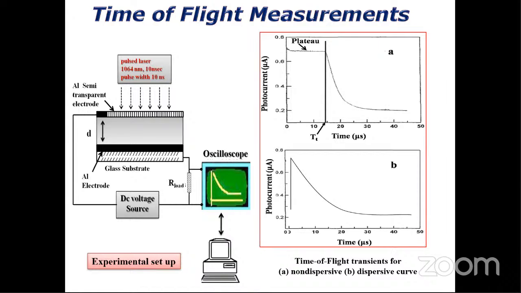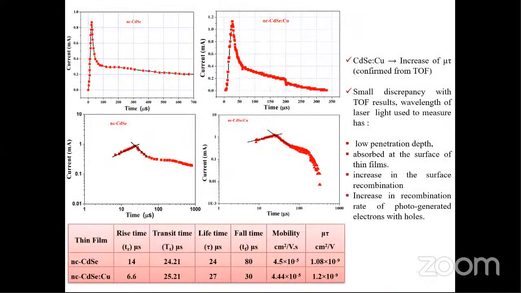We are using a DC voltage source, and when we are giving a pulse of 10 nanosecond or so, normal oscilloscopes cannot be used for that purpose. So we are using the Tektronix oscilloscope, through which we can record this data, because these are very fast processes. Sometimes these are nanosecond processes, so one should be very careful for recording such type of data. That thing we have done.